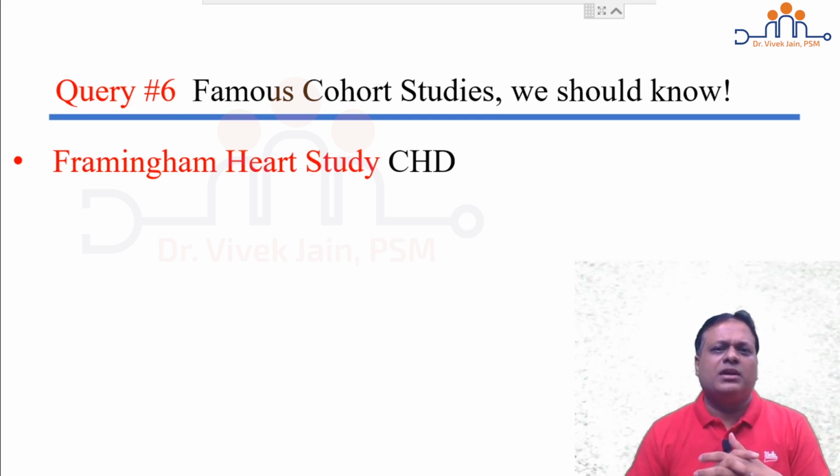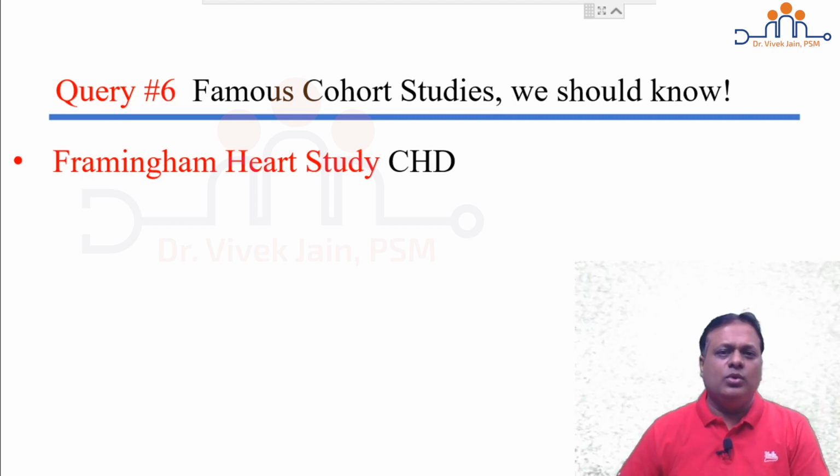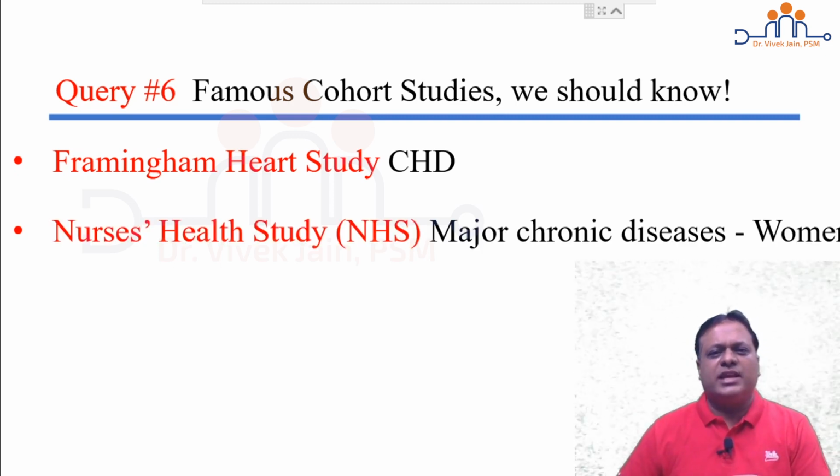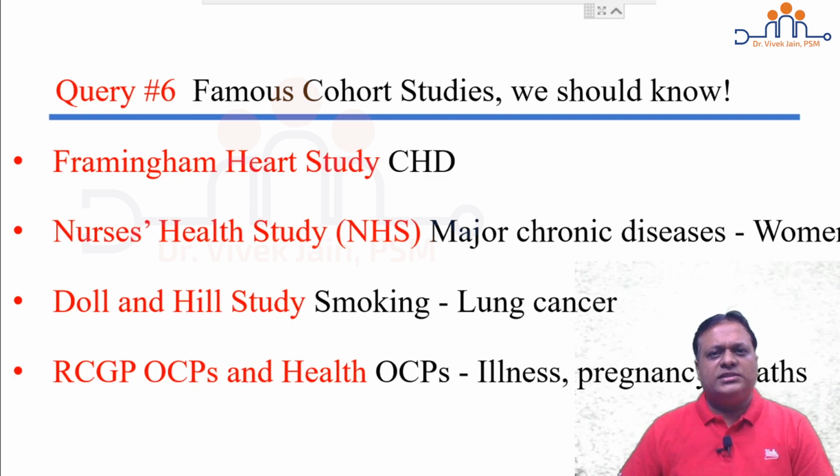Now, besides Framingham Heart Study, other studies you should definitely know include the Nurses Health Study, which was undertaken for finding out the risk factors of major chronic diseases among women. Doll and Hill Study, which was undertaken for the classical example of smoking as a risk factor, lung cancer as an outcome.